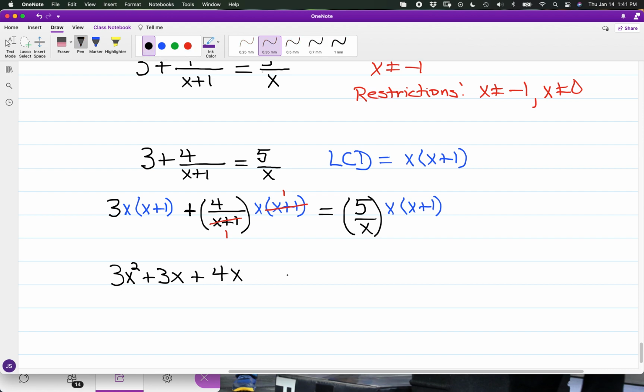So yeah, plus 4x. And for 5 over x times x times the quantity of x plus 1, now the x's are going to cancel out, but we still have 5 times the quantity of x plus 1.